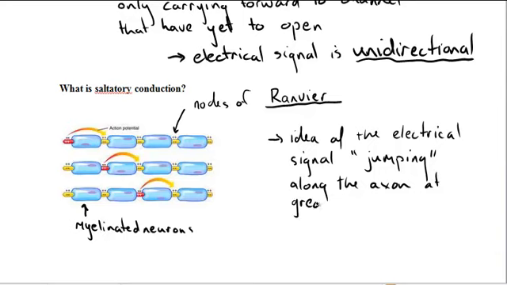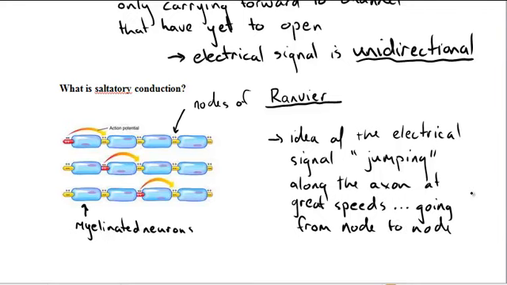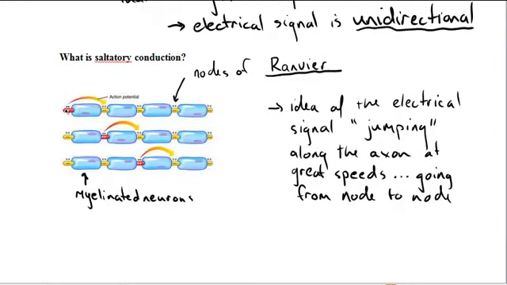Rather than traveling along the whole length, it actually jumps from node to node, because it's at the nodes where the channels are localized. Now, I dislike this picture for one reason. It shows the potential sort of jumping along the outside. It actually jumps along the inside from one node to the next node to the next node.